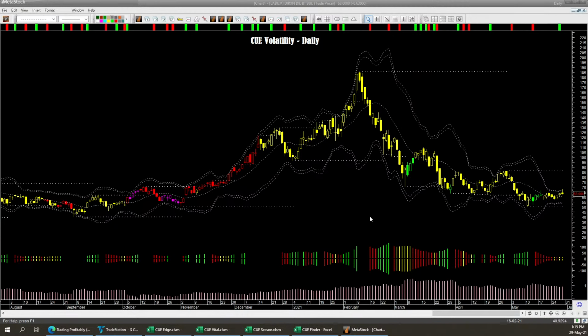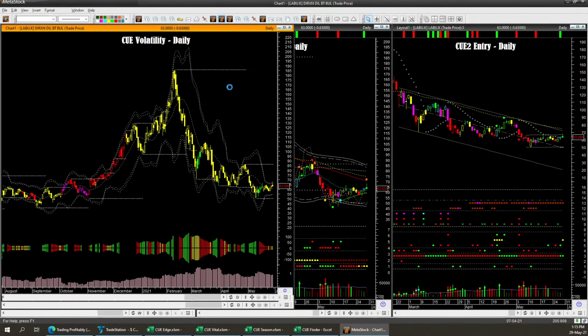This is similar to the jump and thrust indicator. Similar in concept, when to use jump and thrust, when not to use. So if we look at the jump and thrust, let's look at the Labu, Jump and Thrust. Let's look at weekly, daily both.